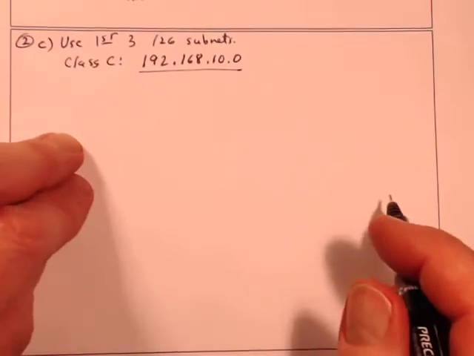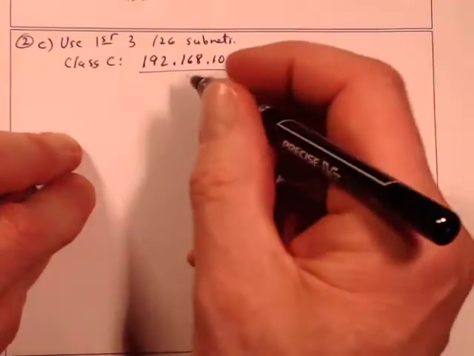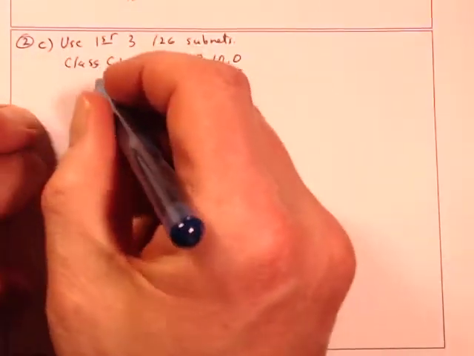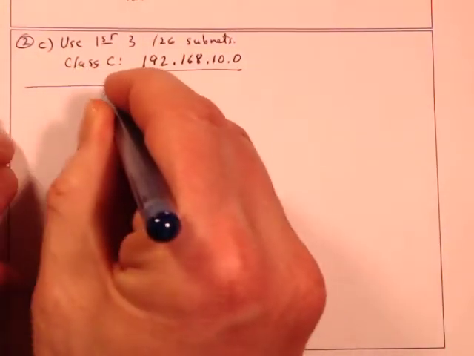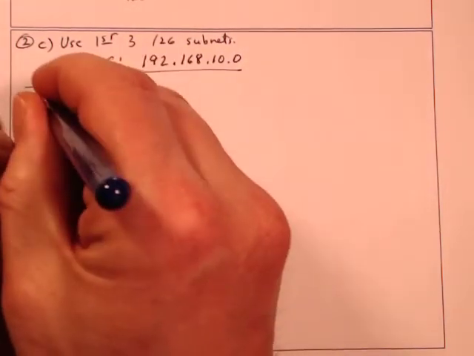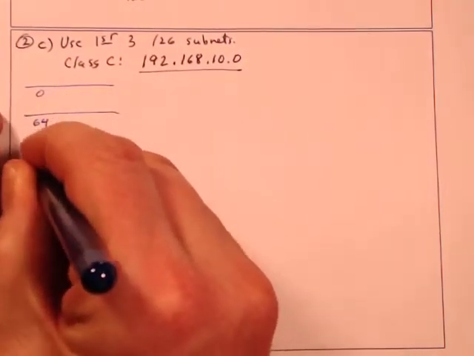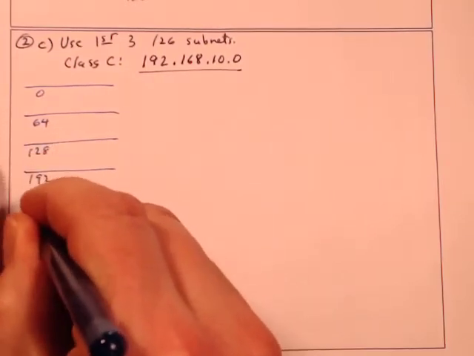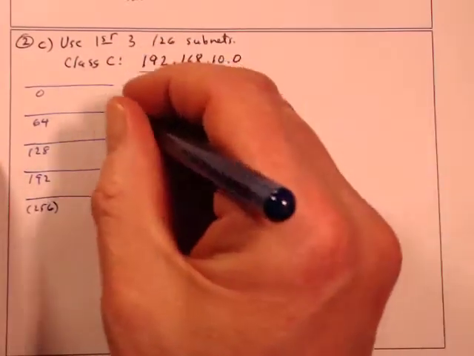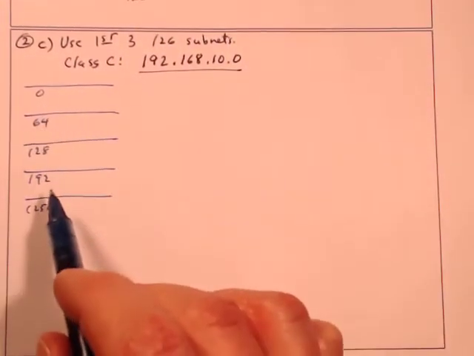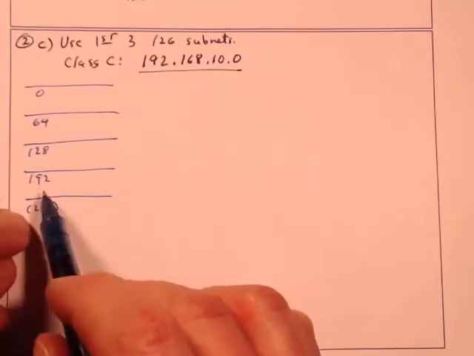And so what I do is I make my little chart here. We have 64, so I need 4 subnets, and I'm going to count by 64. 128 plus 64 is 192, 256. And then I'm going to fill in, so I counted by 64, I filled in the subnet IDs.